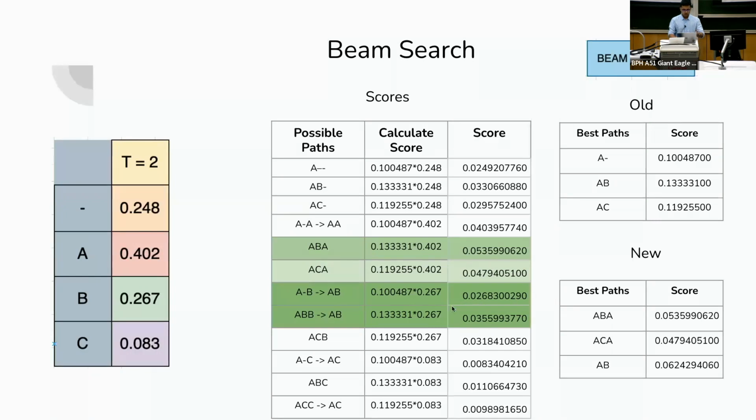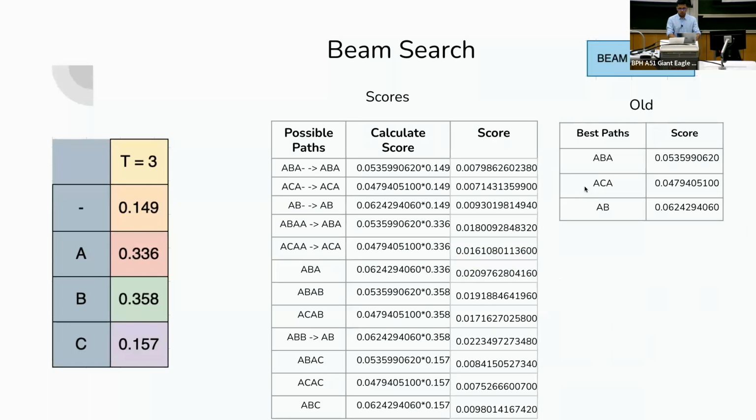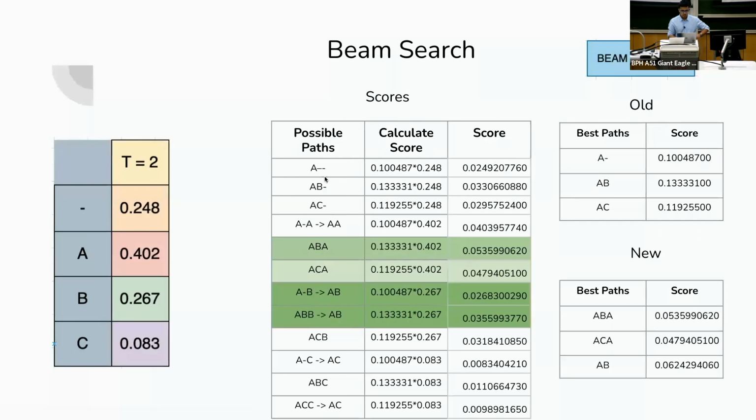So now that we have our t equal to 2 sorted out, we take another step with our current best paths, and we bring our ABA, we convert it to ABA minus, ACA minus, AB minus, and so on. Now, one thing to note is that ABA minus was written as ABA, whereas previously I had not done that.